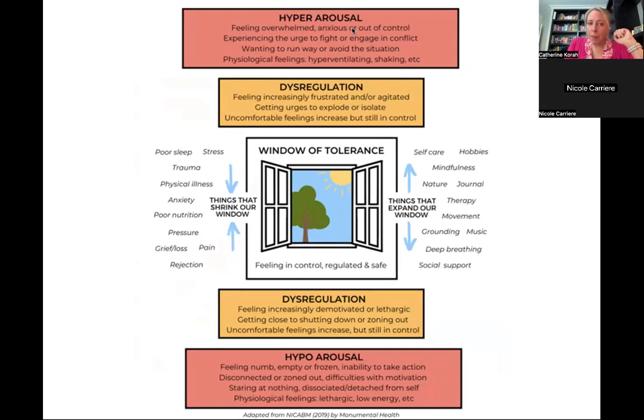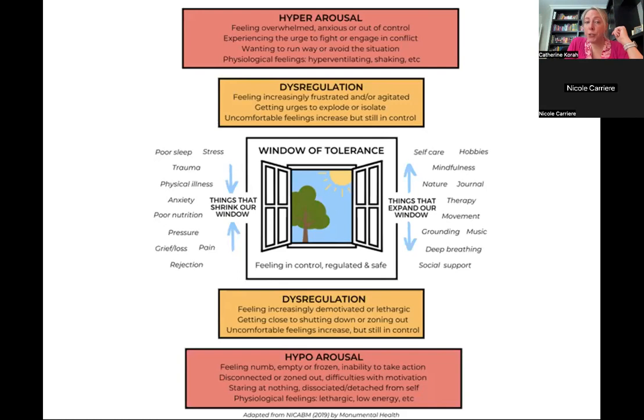But it could also happen that from dysregulation they become hypo aroused. Instead of being overwhelmed, anxious and out of control, they will be numbed out, frozen and disconnected. So the two outcomes are possible.